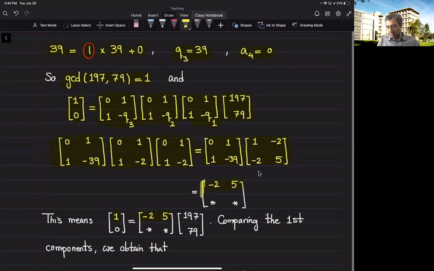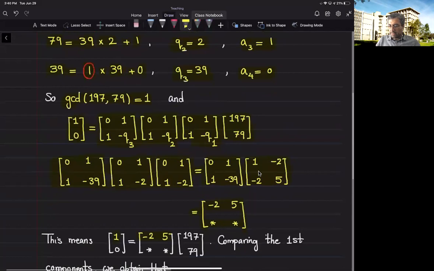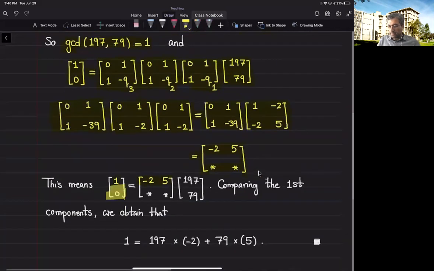And as I have pointed out, we don't care about the second row of this matrix. So I put it as the stars. We don't know what they are. It doesn't matter. Now, this equality says that 0, 1 is equal to this matrix that we have computed times the initial pair.